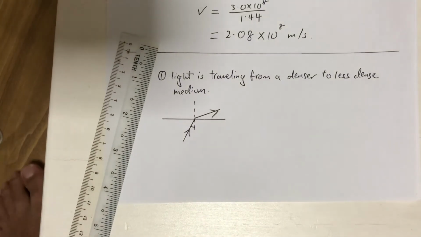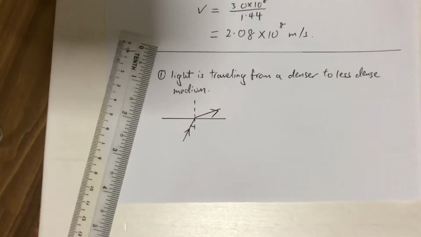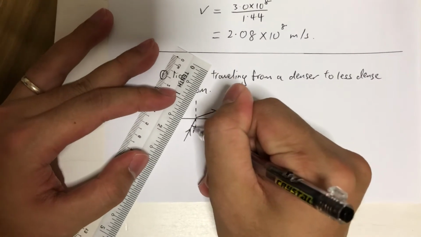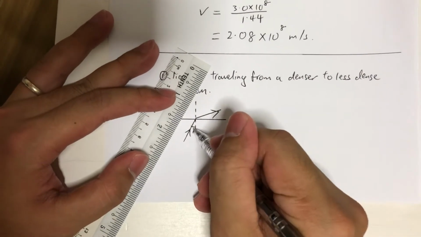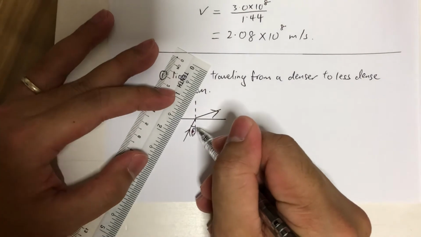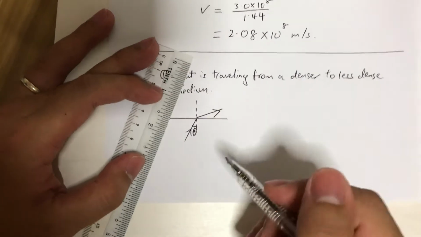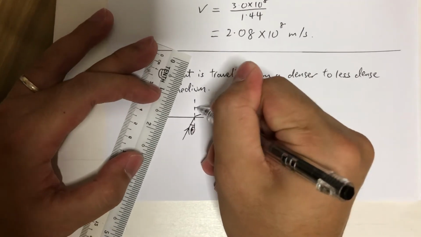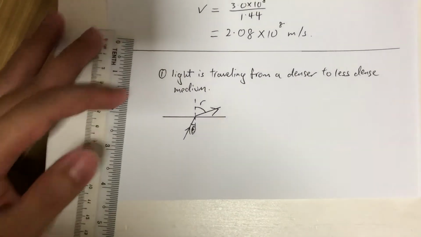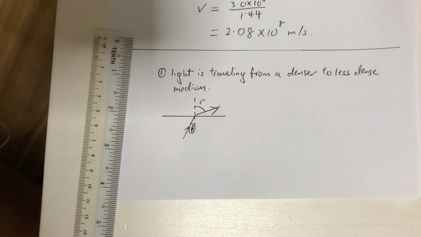So let's extend a little bit more. What if I increase this angle, theta, that is between the normal and the light ray, and how does it actually affect this refracted angle? Can you think about it for a few seconds?